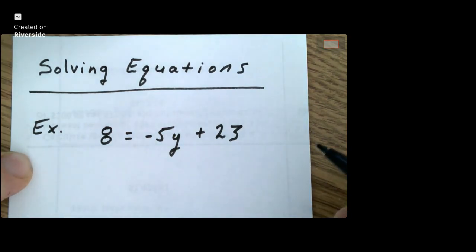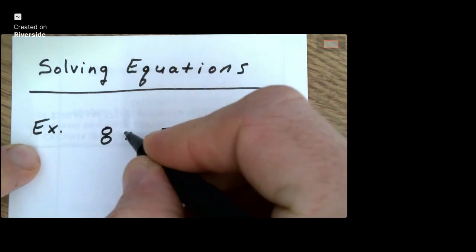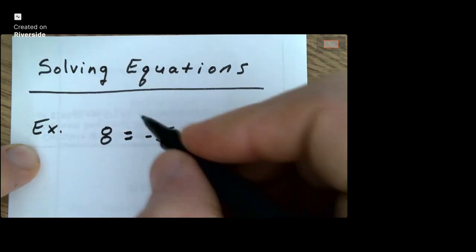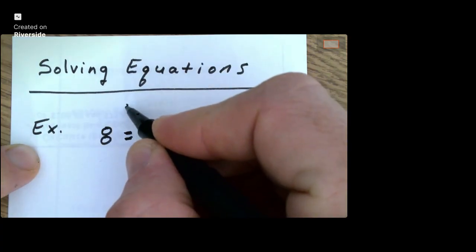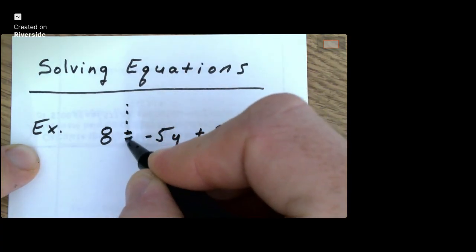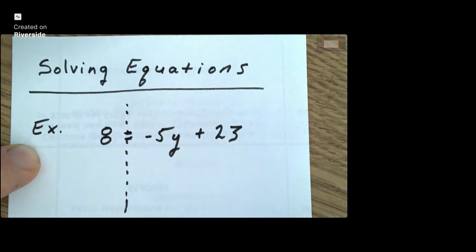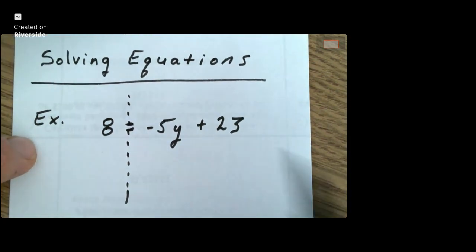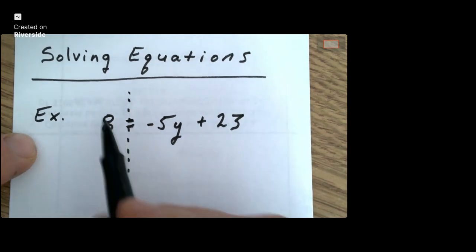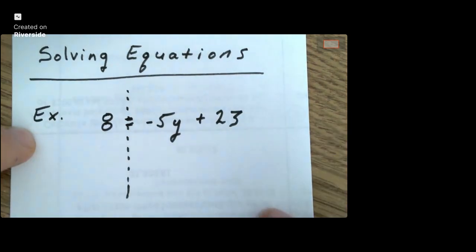I like to think of equations as having two sides, and the equal sign is kind of like the fence. I don't do this every time, but for the point of what I'm trying to explain, let's think of this equal sign providing a fence throughout our equation to create a left side and a right side.